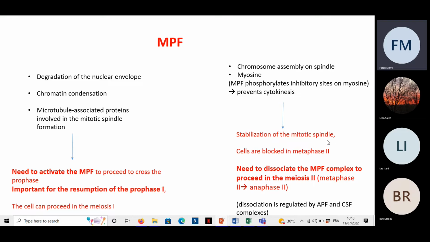And during the metaphase 2, when the cells enter the metaphase 2, if this MPF is active all the time, this microtubule spindle will be kept stabilized and the cells will remain blocked in the metaphase 2. So we need to disrupt this MPF factor, we need to destroy it in order to proceed in the meiosis 2. Okay, is it clear for you?